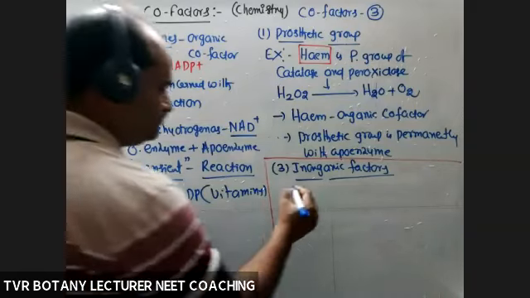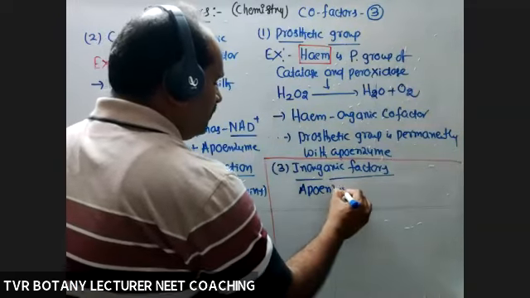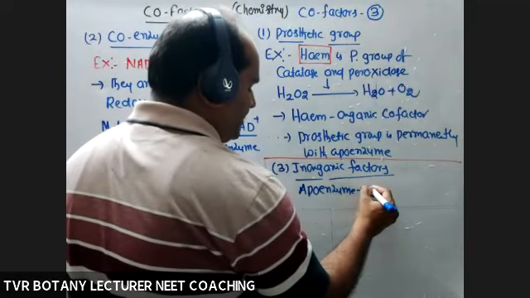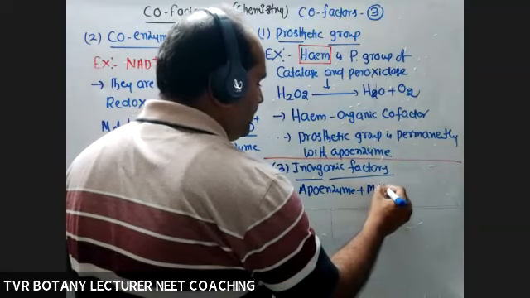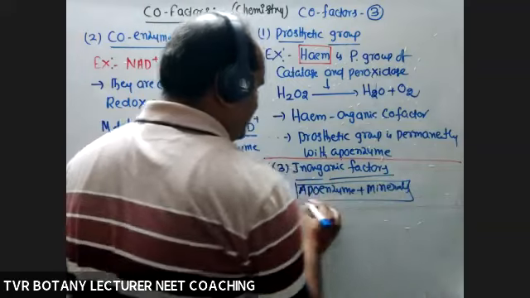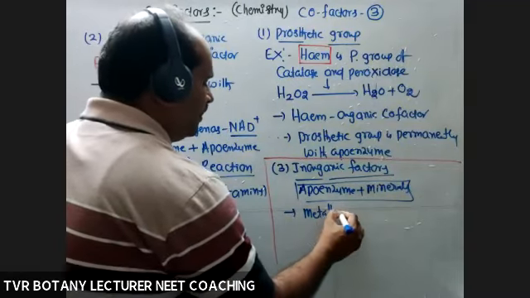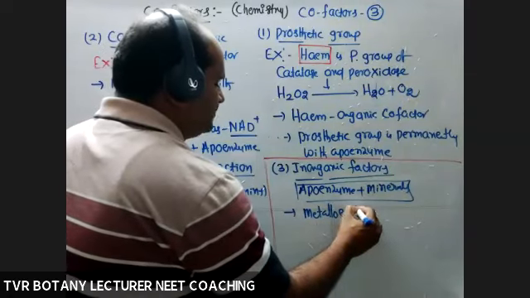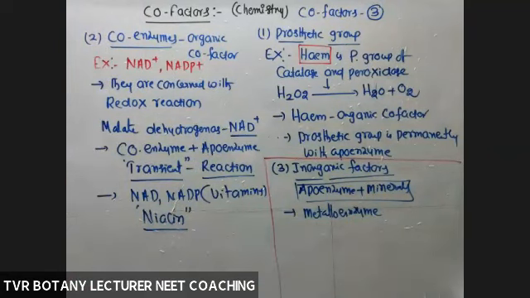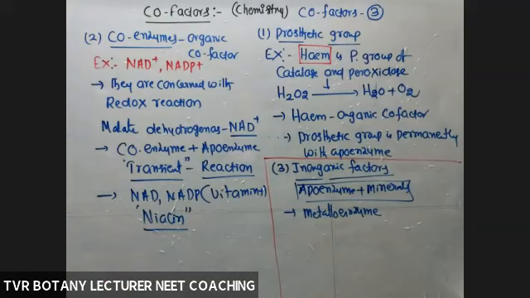So in this case, apoenzyme plus inorganic nutrients, minerals I am taking. This type of enzyme is a metalloenzyme. Metalloenzyme means the enzyme has a metal as a cofactor.